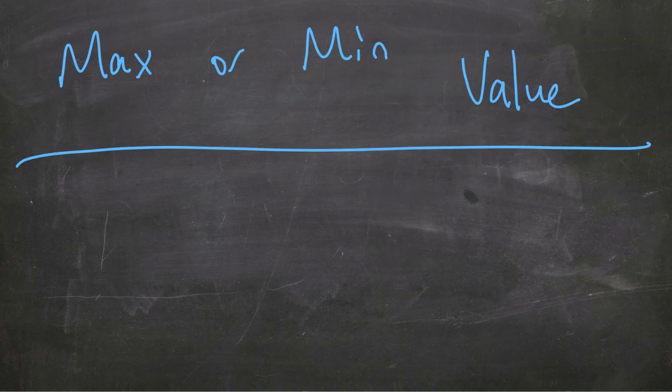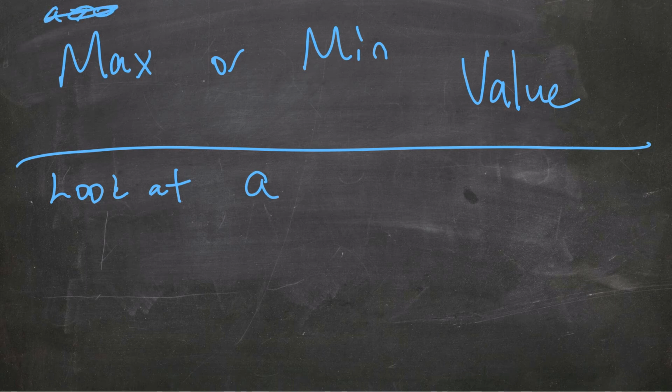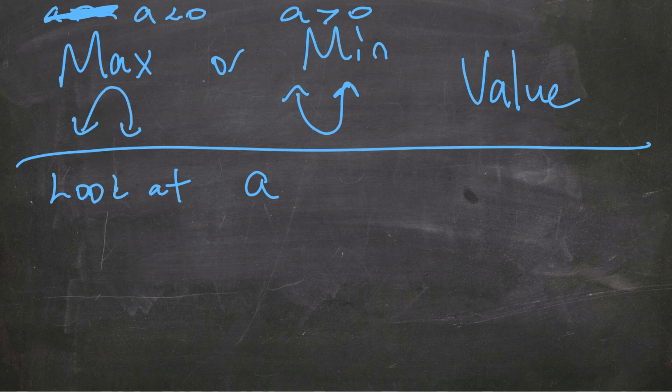All right, max or min value. Look at A. If A is greater than 0, you have a U, which means you have a minimum. If A is less than 0, you have an upside down U, which means you have a max because it's an upside down U. All right?